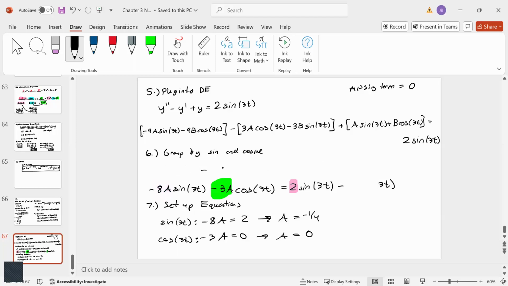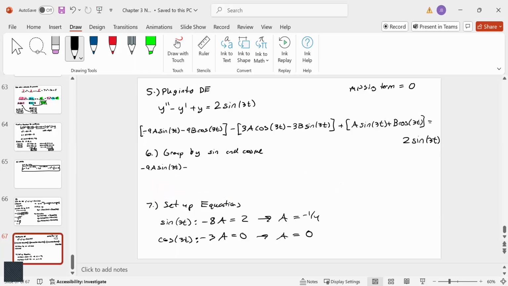And yes, we are going to group them up by sine and cosine still, so that part does not change either. So just combining everything and moving things around, we're going to get negative 9a sine 3t plus 3b sine 3t plus, correction, a sine 3t.